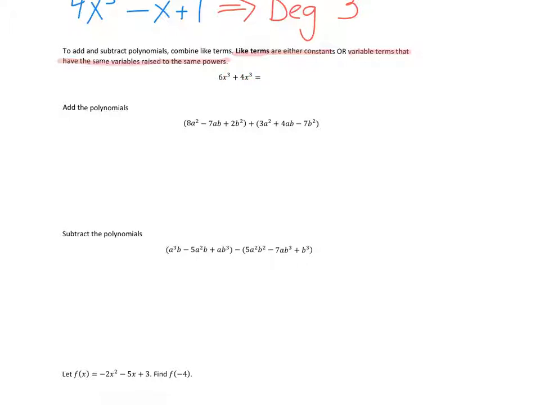So how we combine like terms is we focus on the coefficients. We're going to focus on the 6 and the 4. So the short end of it, it's going to be 6 plus 4 is 10. But why it works is kind of like reverse distribution. We have this common x cubed, and we know we can distribute one way. We can also distribute the other way. So we're going to pull out that x cubed, and we're left with just 6 plus 4.